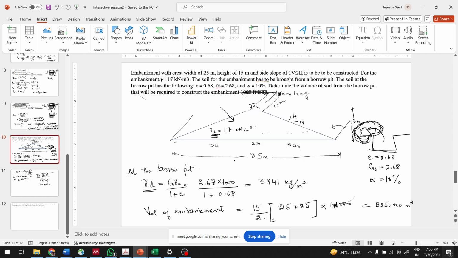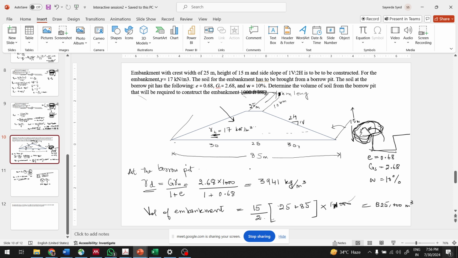I may need to check gamma w, 2.68 over 1.68.